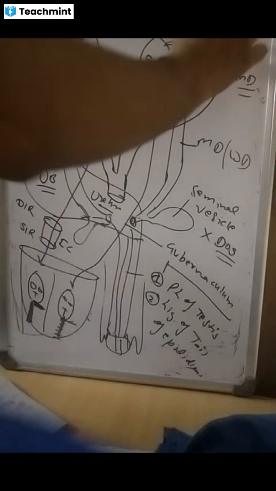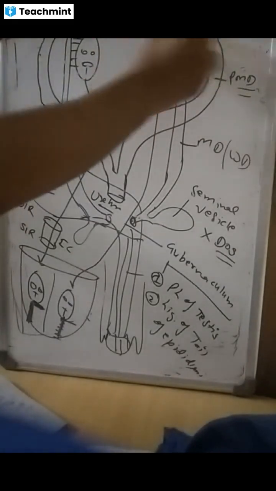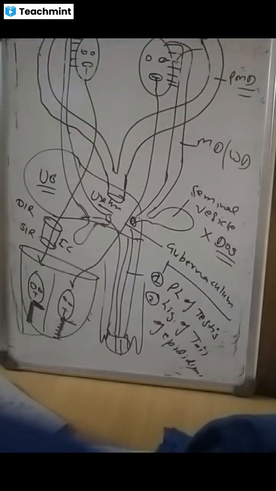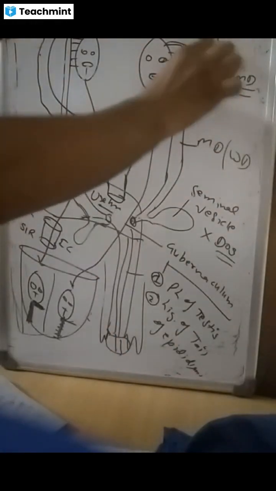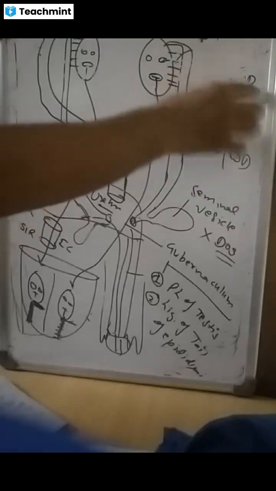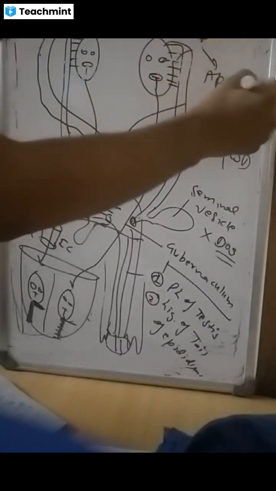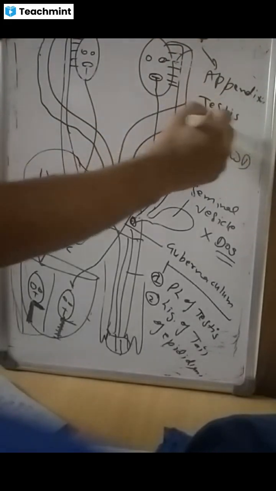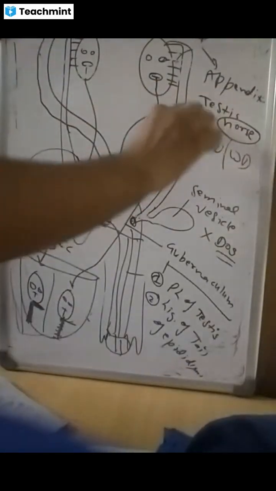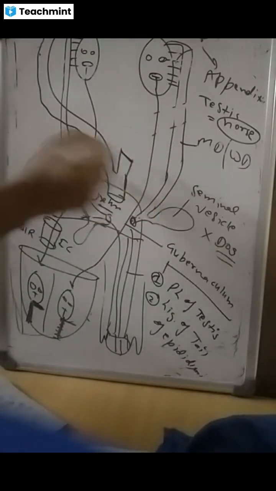This paramesonephric duct, its cranial part, which is here at the head of the testis, will form some blind structure, the appendix testis, and the caudal part will remain as such.